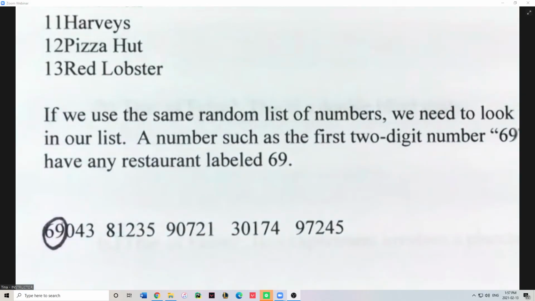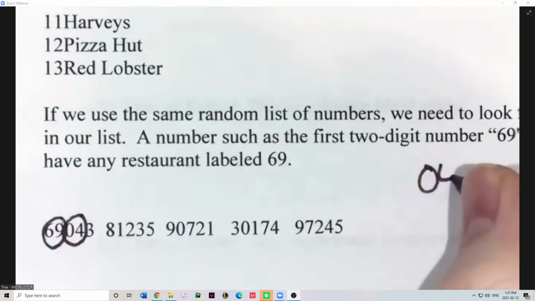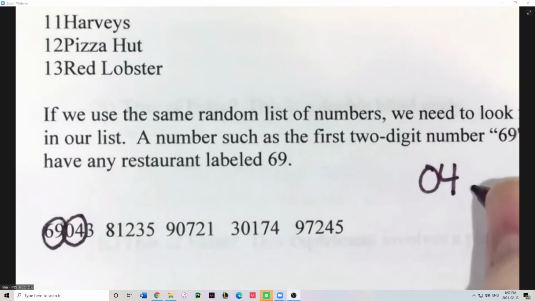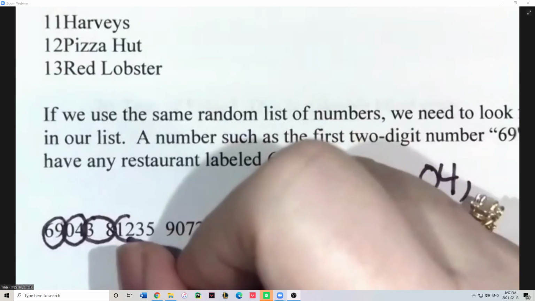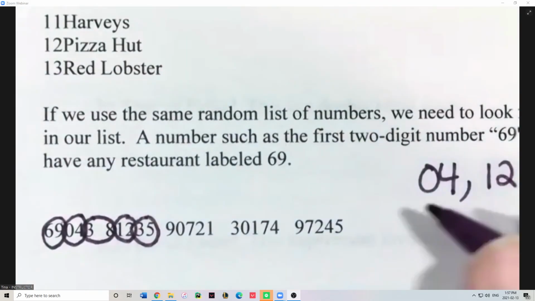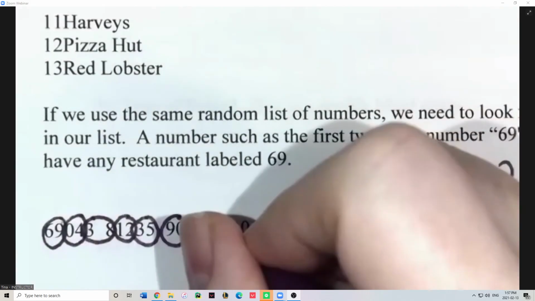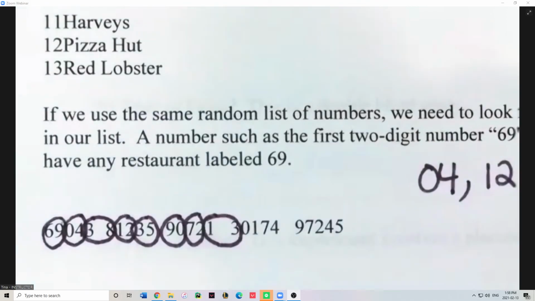So 69 is too big because it's not between 01 and 13. But 04 is okay. That's definitely between 01 and 13. 38 is too big. 12 is good. 35 is too big. 90 is too big. 72 is too big. 13 is good.